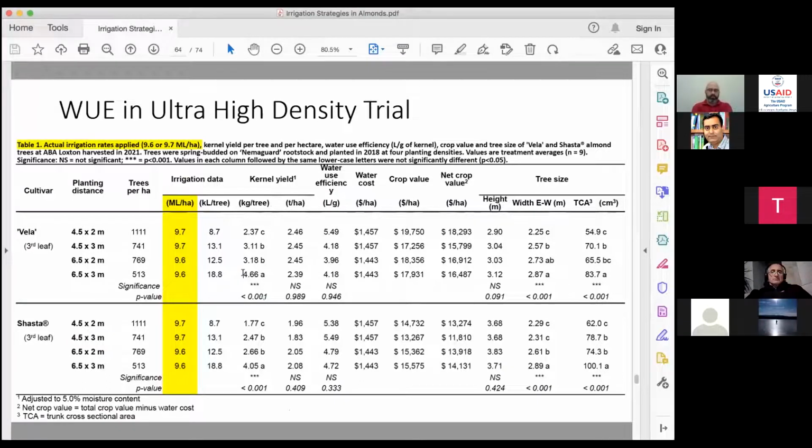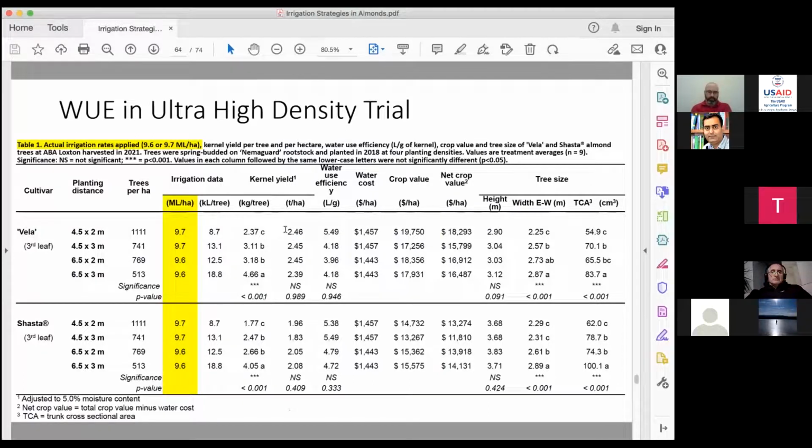So the trees yield more on a per tree basis in a low density orchard in comparison with the high density. However, in the third year trees, the tons per hectare was higher in high density. It was not statistically significant, but the tons per hectare was higher.